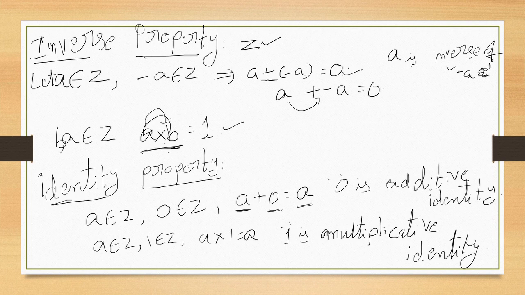So if any number is added with 0, we get the same number, and 0 is called the additive identity. If any number is multiplied with 1, we get the same number, and 1 is called the multiplicative identity for integers.